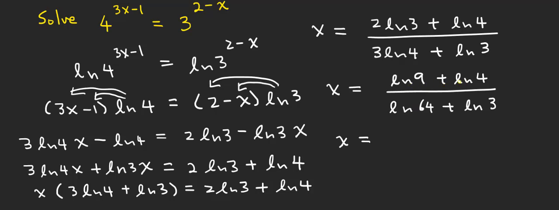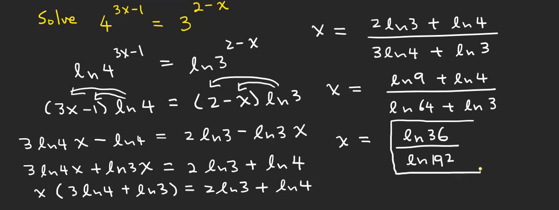Since we're adding two natural logs, we can multiply 9 times 4. You get natural log of 36 over natural log of 64 times 3, which is 192. So this is your final answer without the calculator. If you use your calculator, you're going to get approximately 0.68. So that will be the solution to this exponential equation.